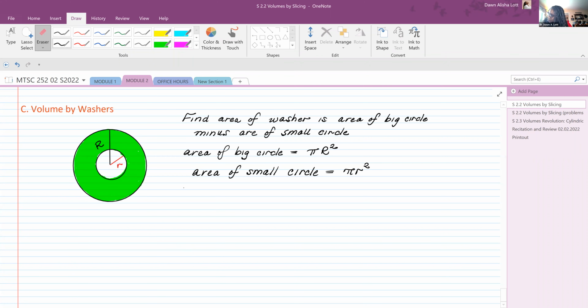All right, so therefore the total area is pi R squared minus pi times a little r squared.